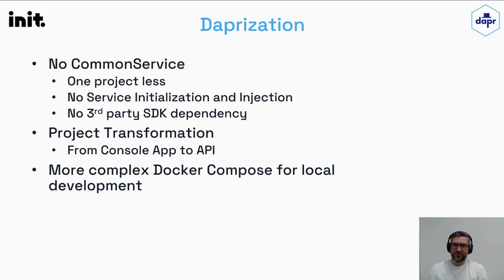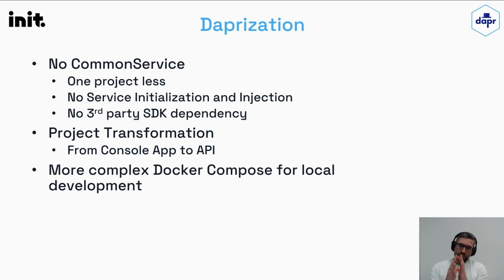Technically, in source code terms, it means one project less, no service initialization and no injection. So those 30 lines of injection that we have to copy from one microservice to another. And of course, no third-party SDK dependencies. So our solution will not depend anymore on the SDKs for Cosmos DB, Azure Key Vault and Azure Service Bus.